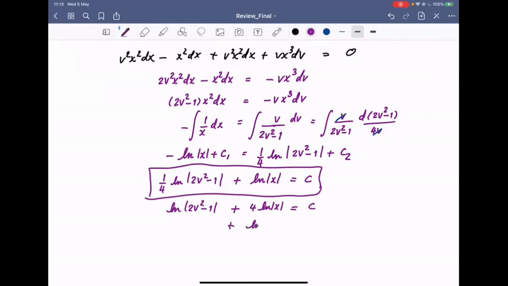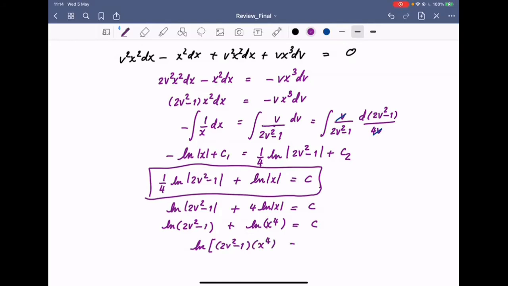And then now 4 log x is going to be log x to the 4th power. All right. So I drop the absolute value now because suppose everything is positive. And then that is log of something plus log of something. This is the log of a product, the basic logarithm property.